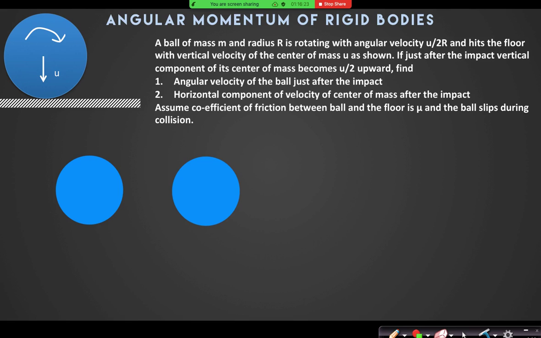The value of omega is given as u by 2r, minus 15u by 4r. Yeah, that only. So u by 2r minus 15 mu u by 4r, that is what I'm getting.